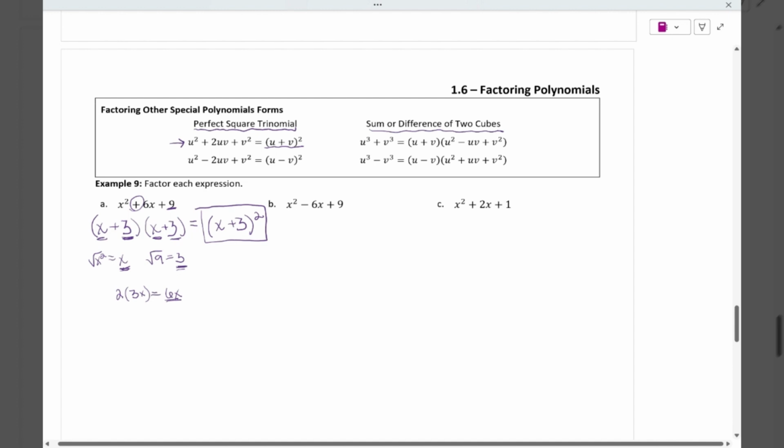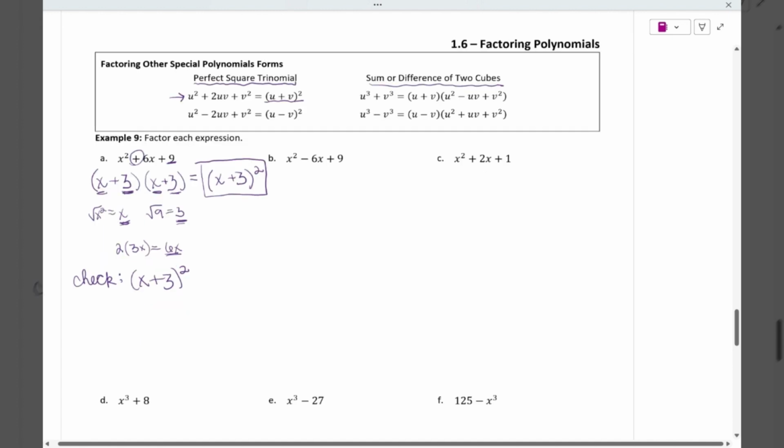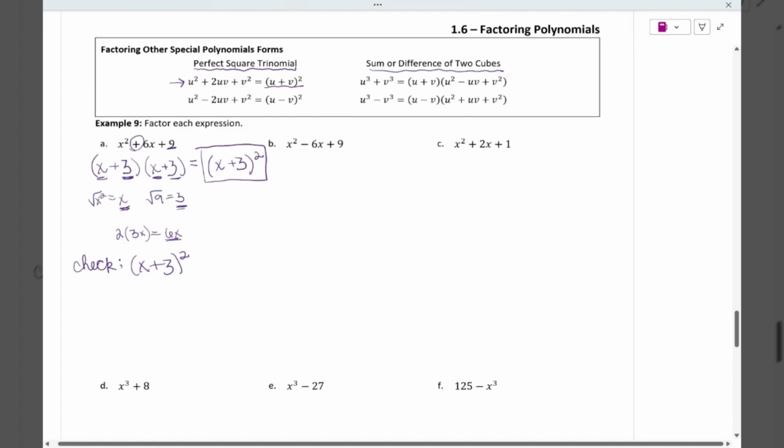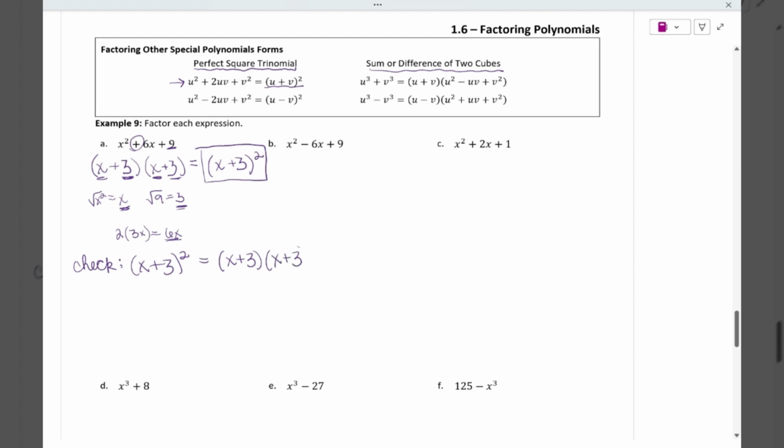Now, actually, I think that knowing that it's a perfect square trinomial helps when we're going backwards, when we want to expand the x plus 3 squared, for example. And that's when I think this formula is the most helpful. So going backwards, if I want to multiply the x plus 3 squared, I would normally just do x plus 3 times an x plus 3, and then I would FOIL this out.